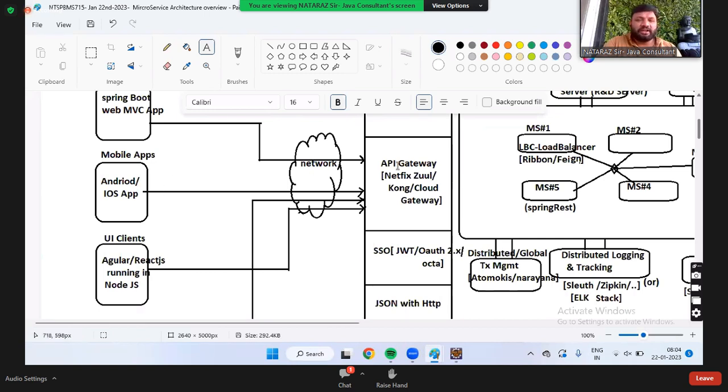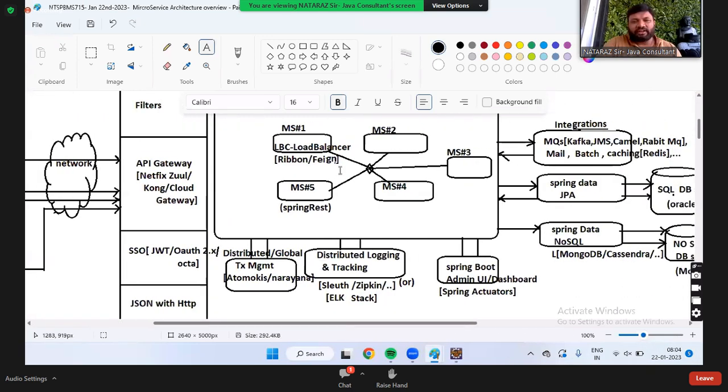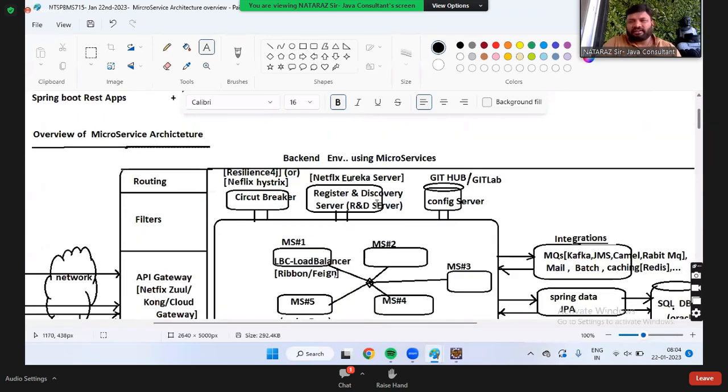Yeah, API gateway is like a counselor or receptionist in the office, boss. It welcomes everyone and diverts the request to different departments. And Eureka server is a register where department information is available.